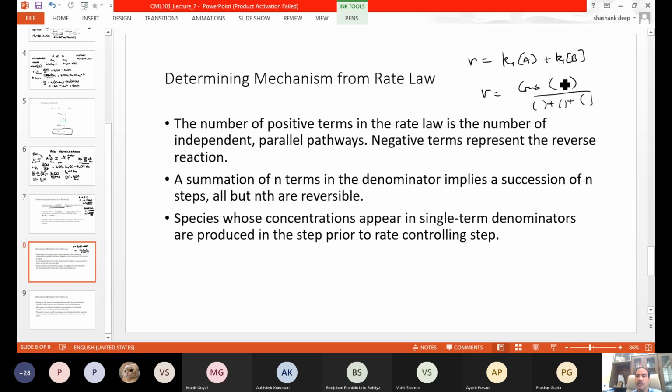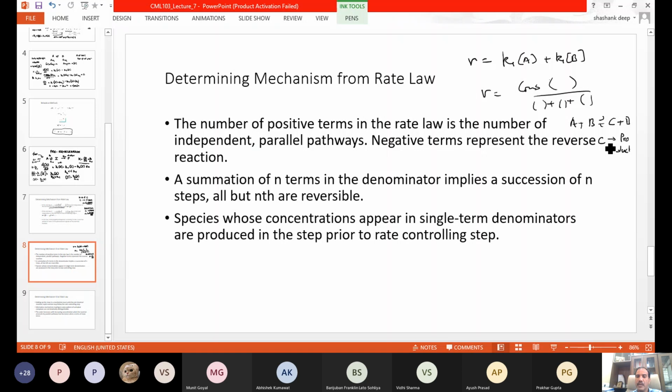So if there is a single term in the denominator, then this must have formed in the step before. Suppose this is the reaction A plus B giving you C plus D, and then C goes to product, where C is an intermediate.